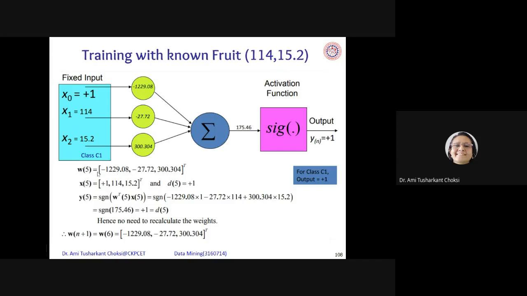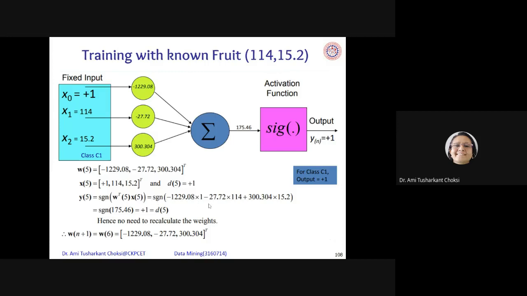Fine, W5. We have represented the weight vector and the x vector. We know that for both of them we take the transpose, and the desired output is +1. Now Y, SGN, W and X we need to consider.